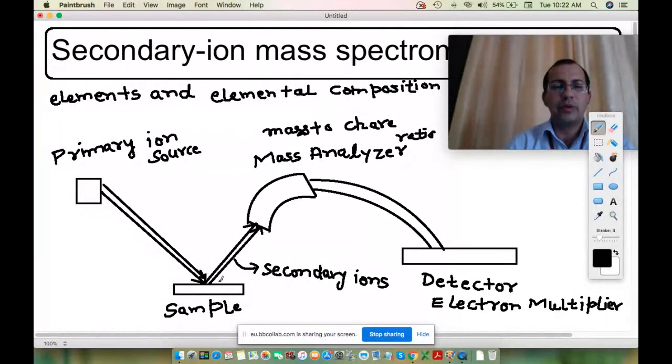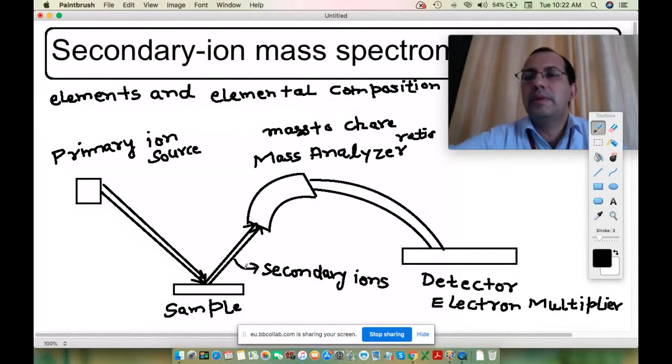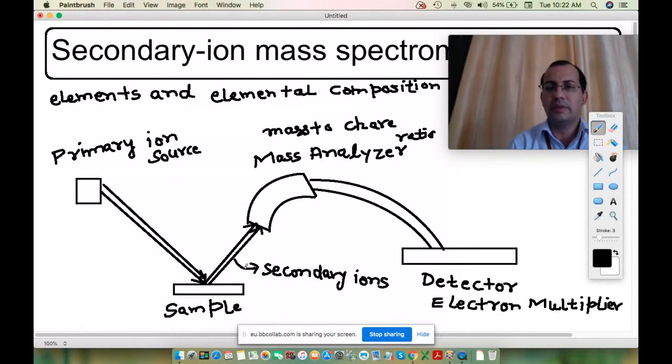We have not given the detail of how it works, but we are giving a rough idea of what the components of secondary ion mass spectrometry are.